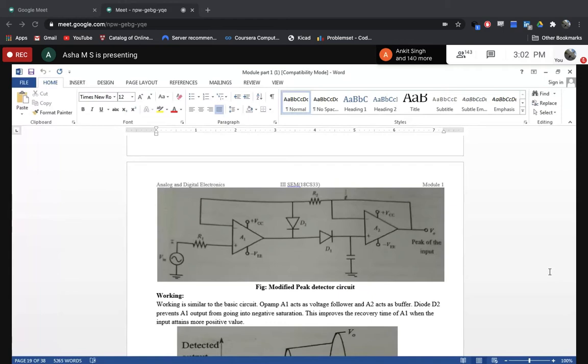This D1 and the capacitor are doing the peak detection job. Next, D2 is added as an extra diode. When the negative peak comes and the load is connected, this extra circuit prevents the capacitor from discharging, so that the circuit obtains stability and can stand with whatever external load has been applied.